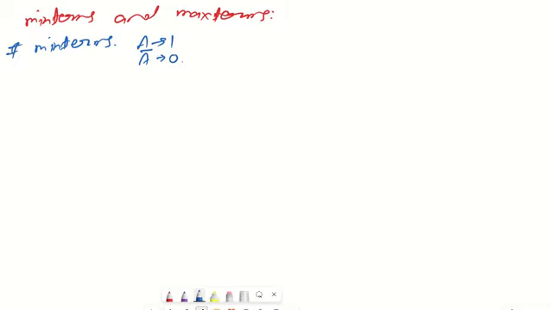Understood? Basically A is considered as 1 and A bar will be 0. If it is without bar, without complement, it will be 1. That's the understanding you should have.